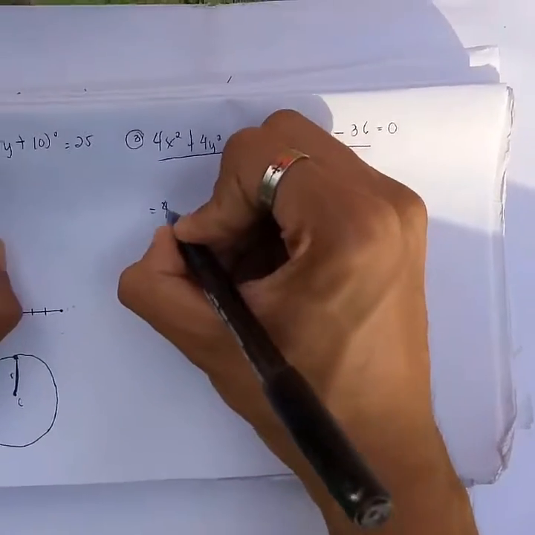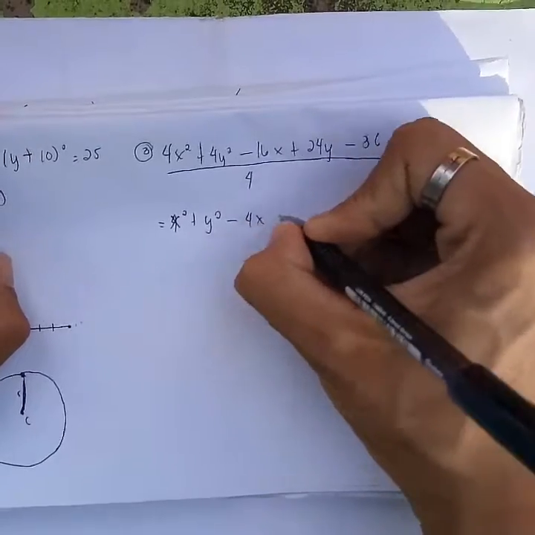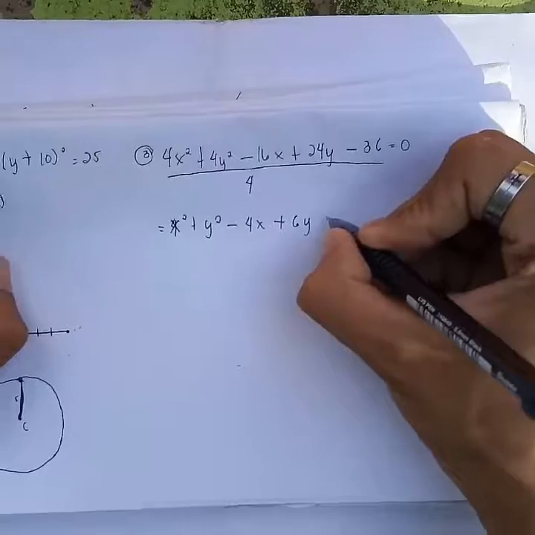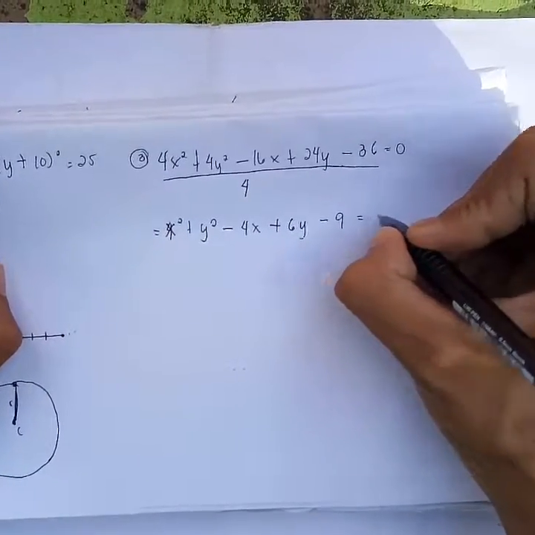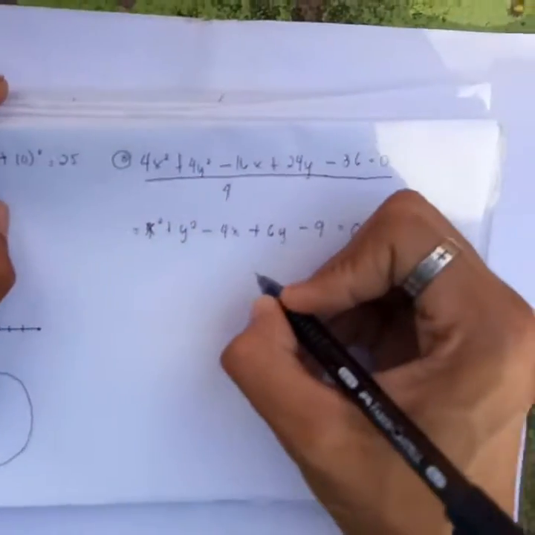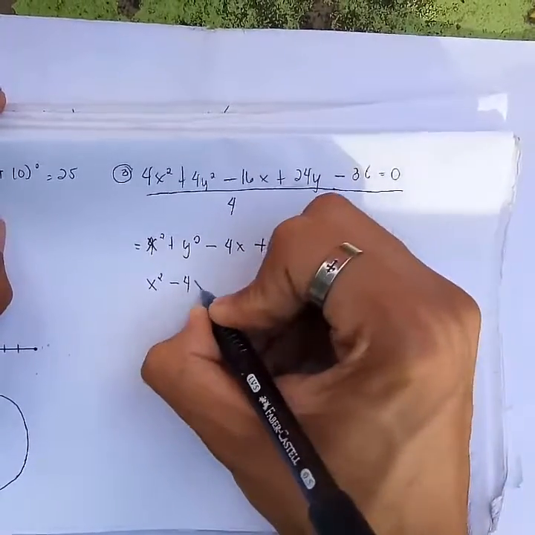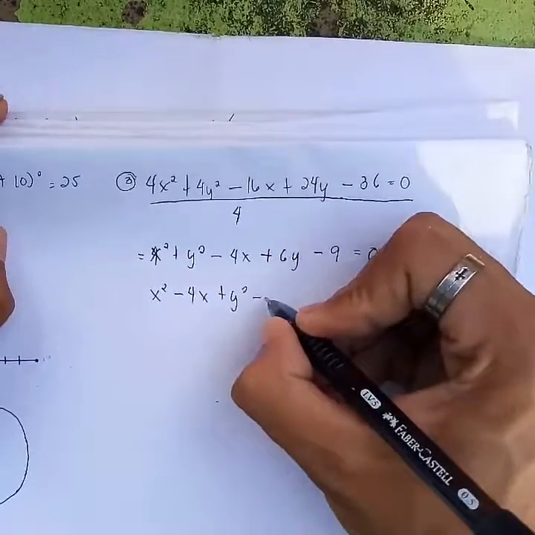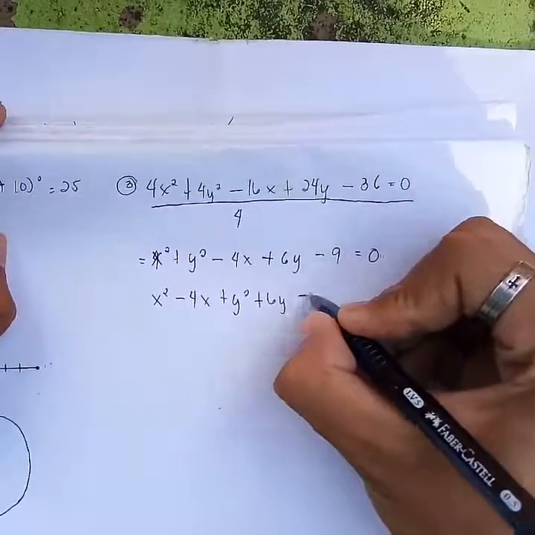It will be x squared plus y squared minus 4x plus 6y minus 9 is equal to 0. Next thing is we will put it together. It will be x squared minus 4x plus y squared plus 6y is equal to 9.